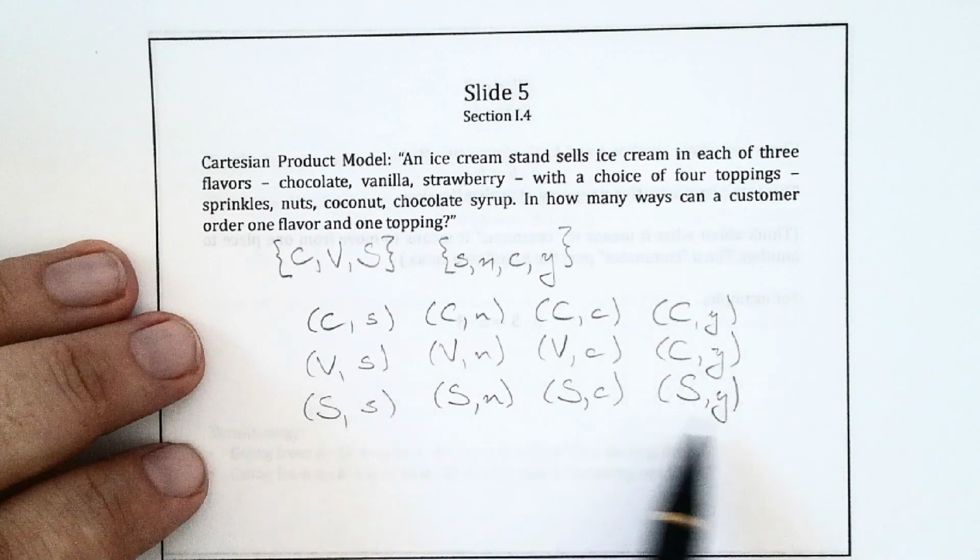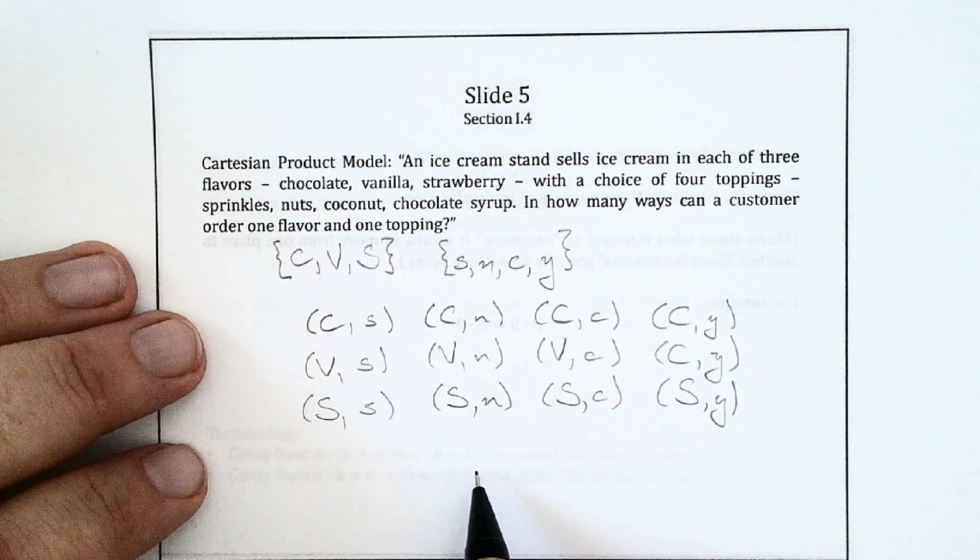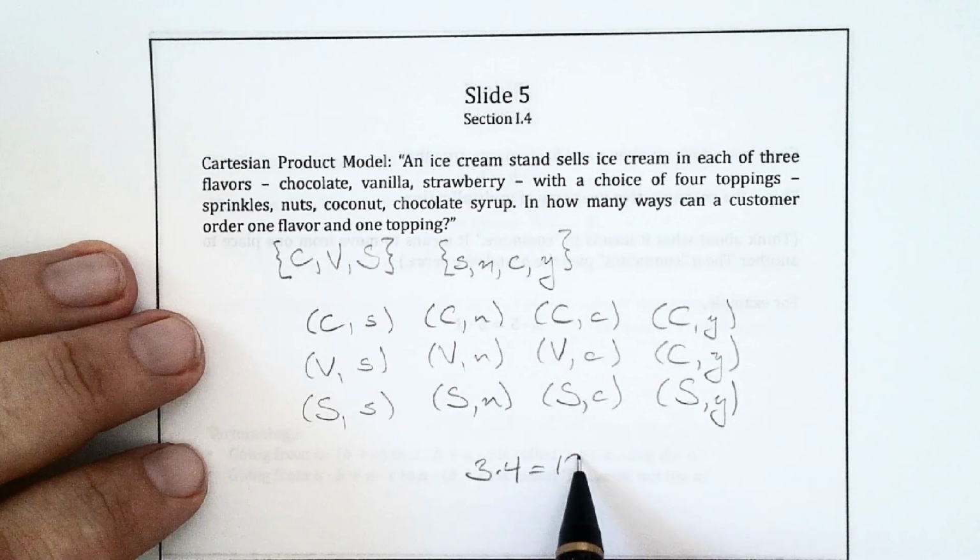And there's 12 pairs in all. And what we've illustrated here is that 3 times 4 is 12.